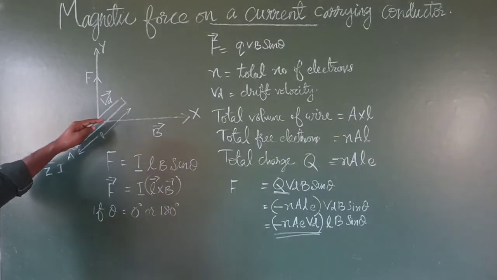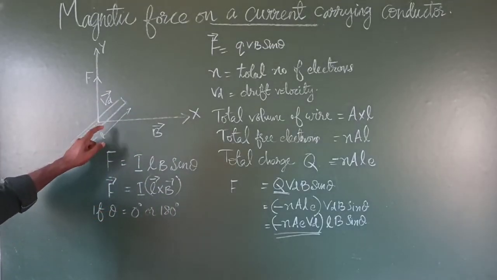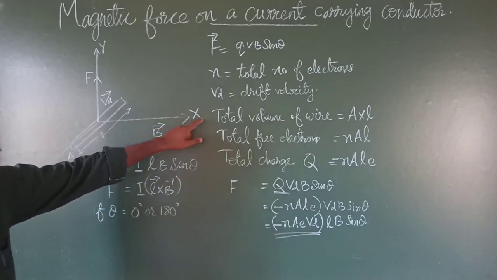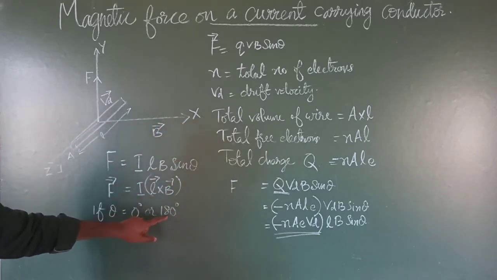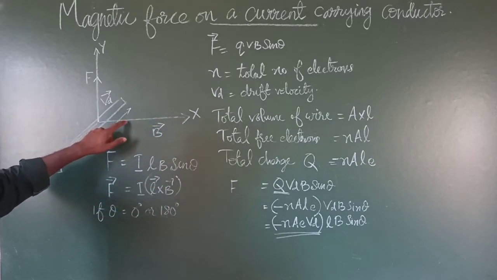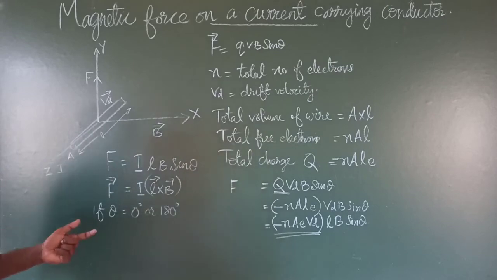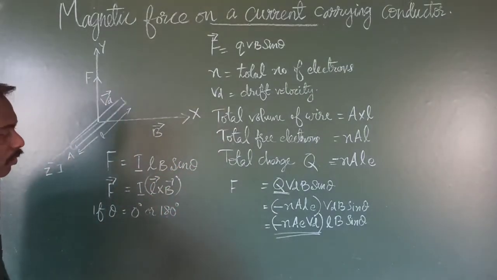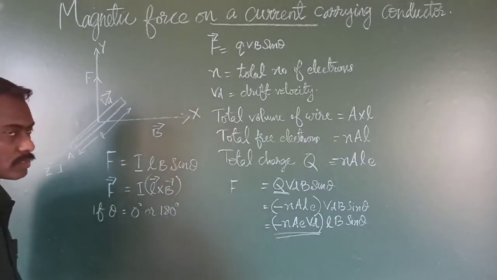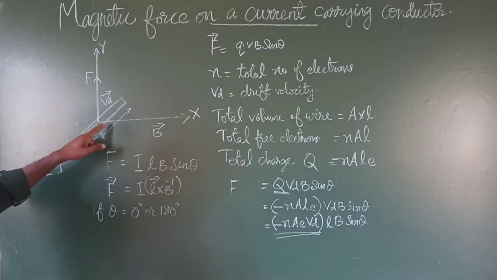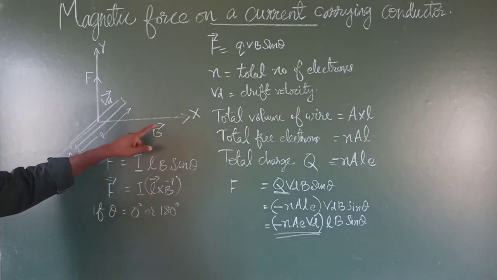If theta is 0, then it will be along the direction of the magnetic field, and if it is 180, it will be opposite to the direction of the magnetic field. Whichever it may be, sin 0 or sin 180 is equal to 0, and therefore the magnetic force exerted on this moving charge will be 0.